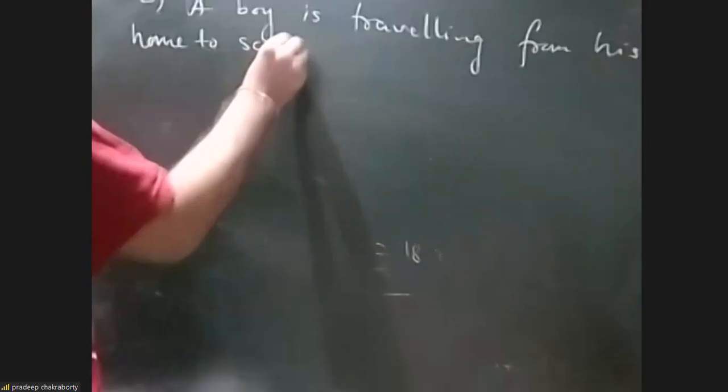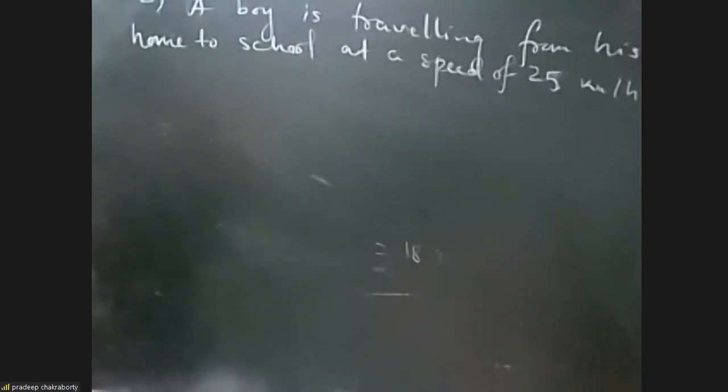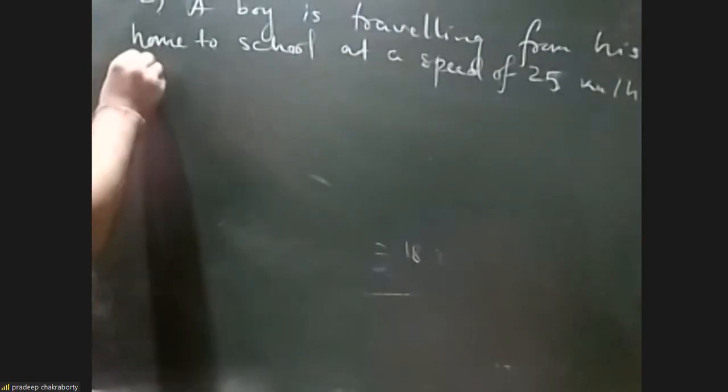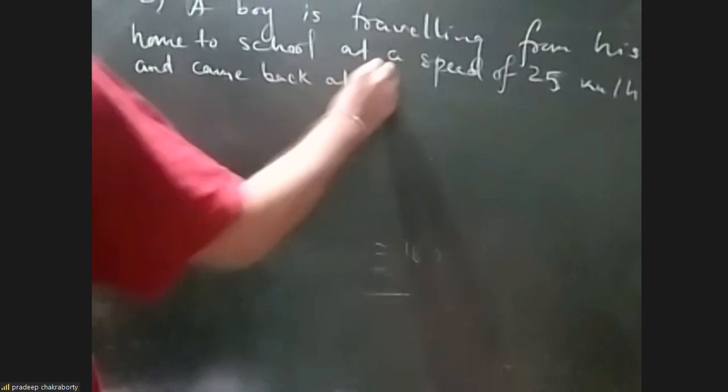Okay, next question. A boy is traveling from his home to school at a speed of 25 kilometers per hour, and came back at 4 kilometers per hour.